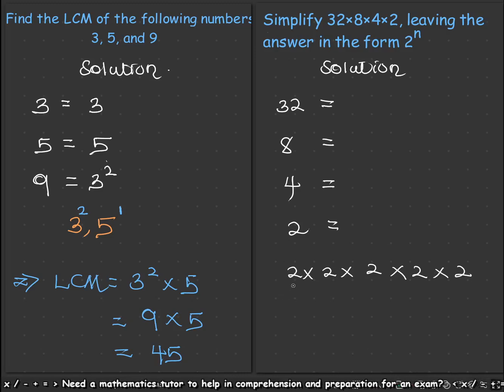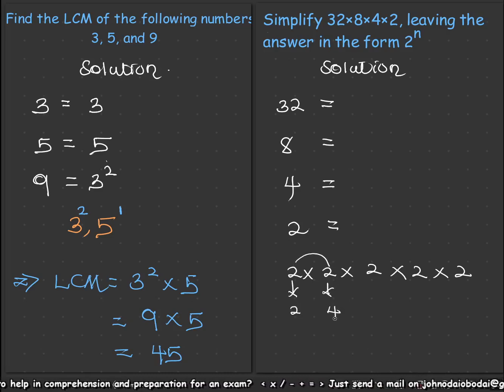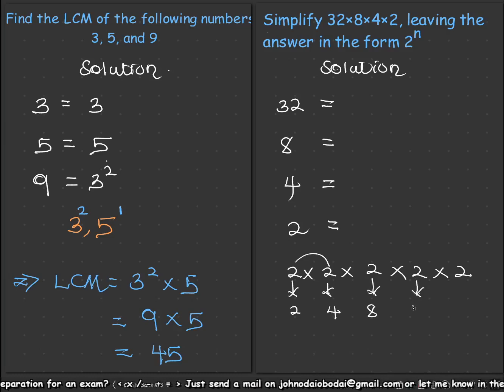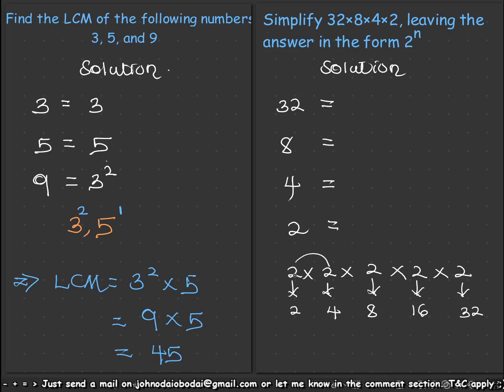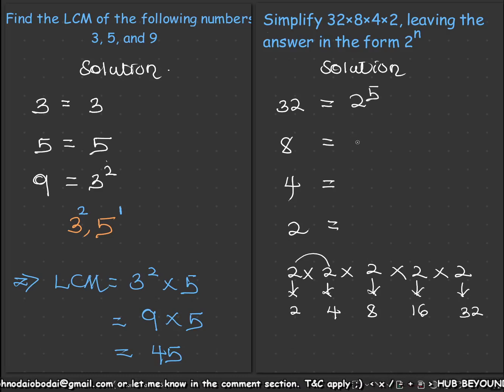So you should know that 2 to the power 1 gives us a 2. Now if you have two of the 2's, 2 to the power 2 gives us a 4. 4 times 2 will then give you an 8. 8 times 2 will then give you a 16. 16 times 2 will then give you a 32. So it's 2 to the power, this is 1, 2, 3, 4, 5. So 2 to the power 5 gives us a 32.